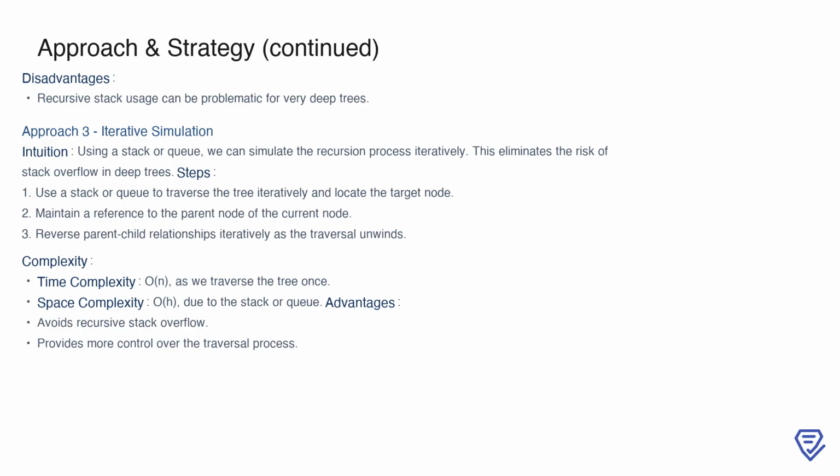As we unwind the traversal, we reverse the parent-child relationships in a controlled manner, ensuring the tree structure is updated correctly. This approach has the same time complexity of O(n) and space complexity of O(h), but it provides more control over the traversal process, making it suitable for trees where recursion might fail. However, it introduces additional complexity due to manual management of the stack or queue.